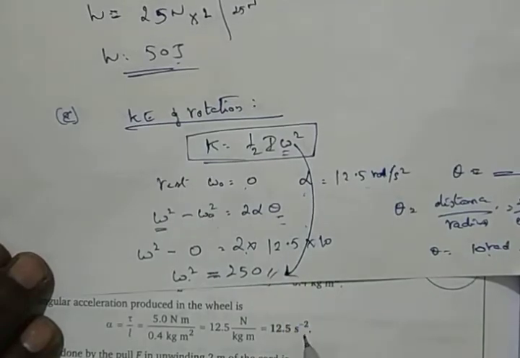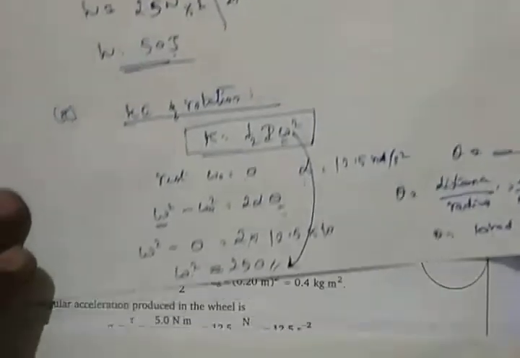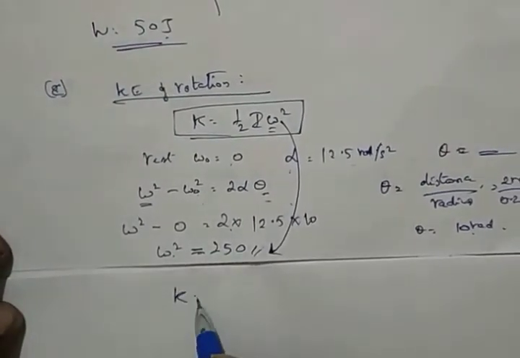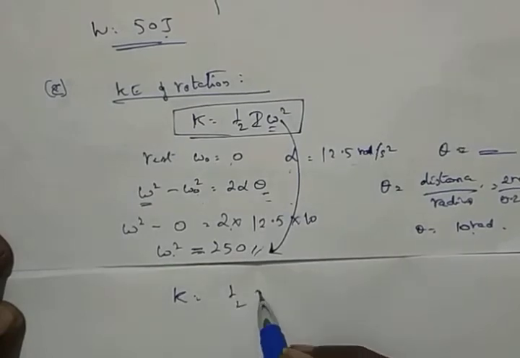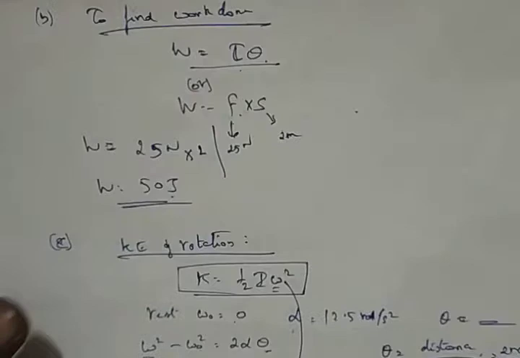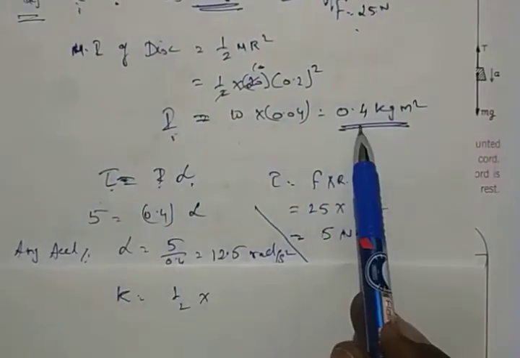Now going to the next part. Kinetic energy is going to be half into the moment of inertia. We already found the moment of inertia in the earlier one; it is 0.4.